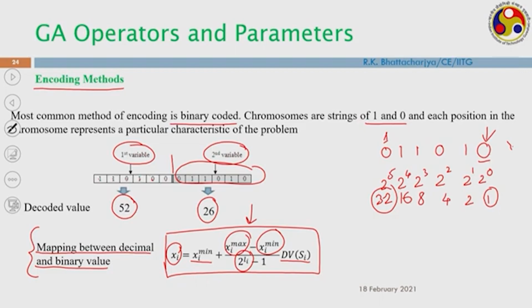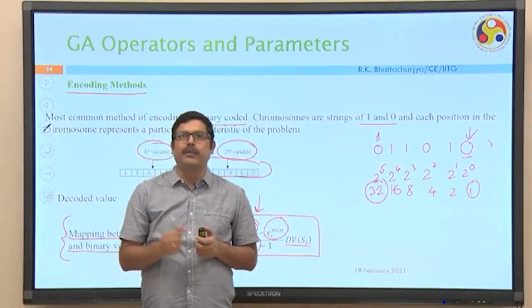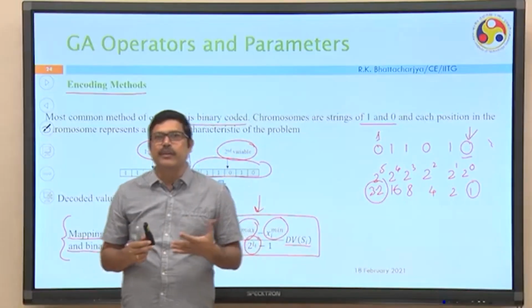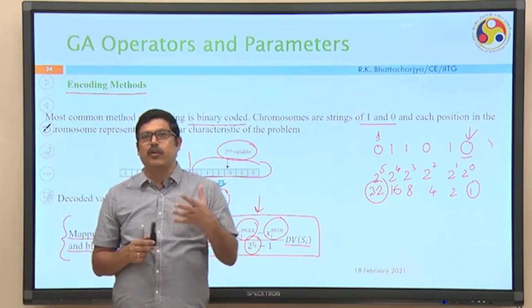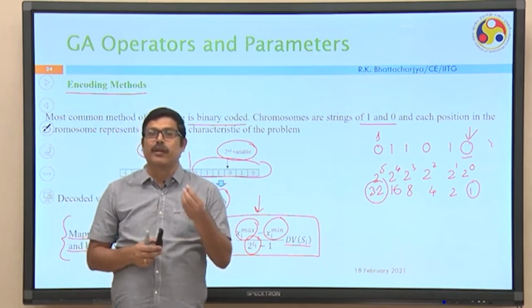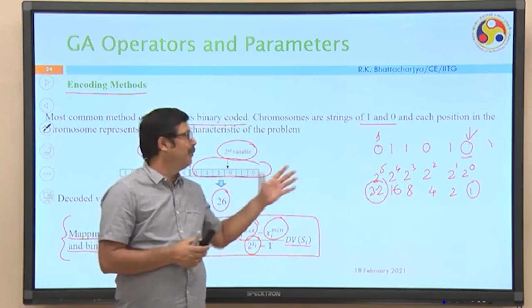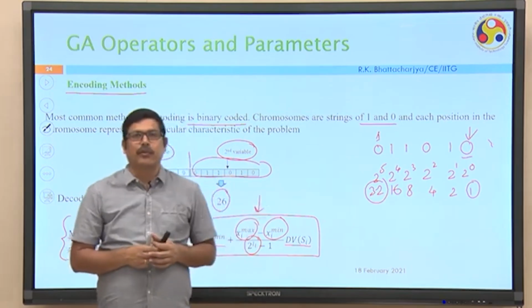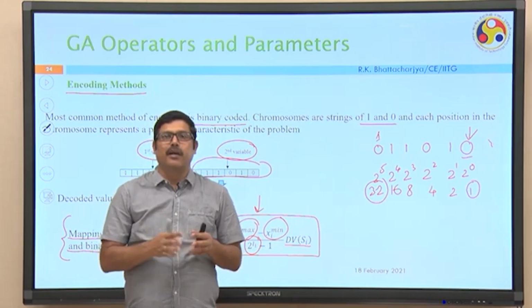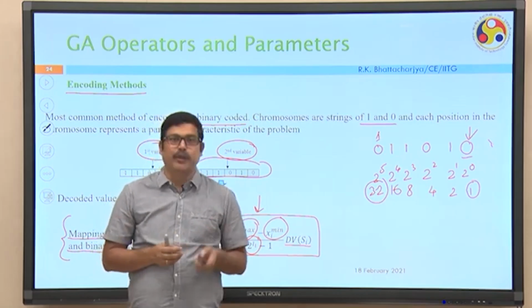I will use this concept when I discuss crossover and mutation. So, just remember, changing the right hand side bits is not very sensitive, and the change in the decoded value is very small, but if the left hand side bits are changed, there will be a huge change in the decoded value.